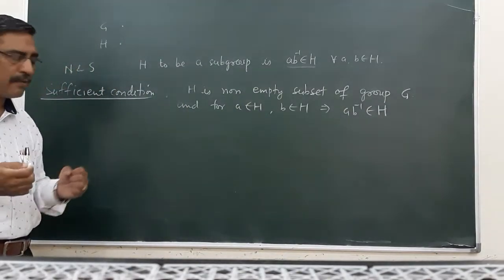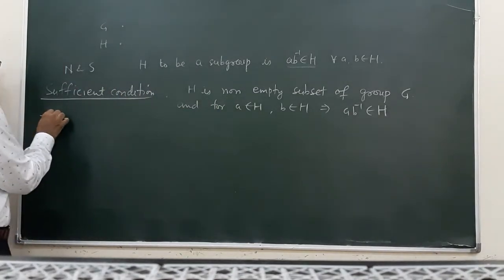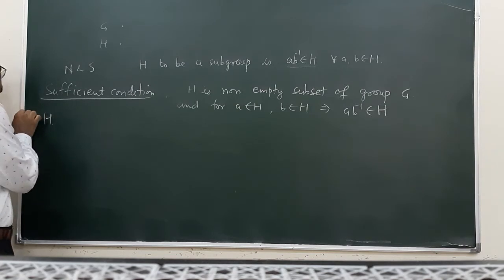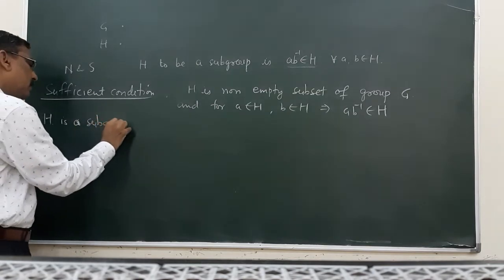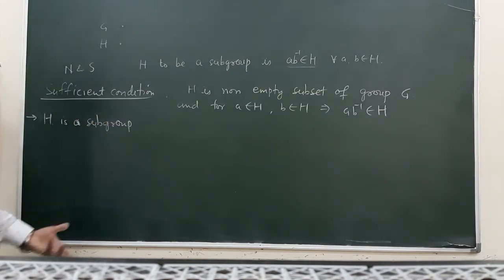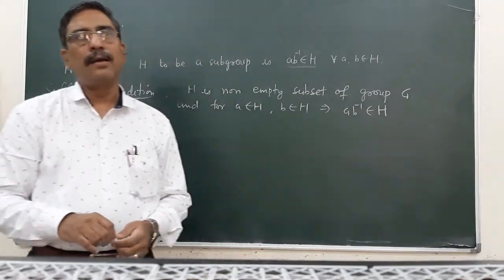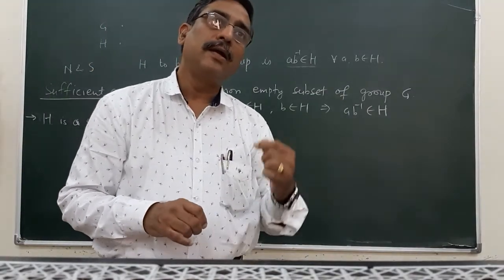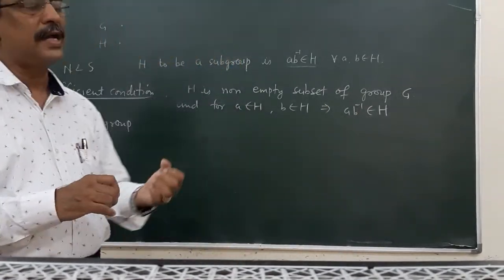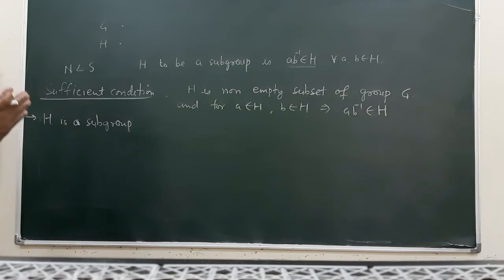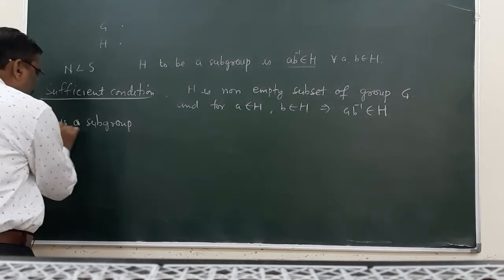Now what we have to prove? Our target is to prove H is a subgroup. Using this property we would like to prove that closure property exists, identity exists, inverse exists, associative property exists. All the properties of the group must exist.